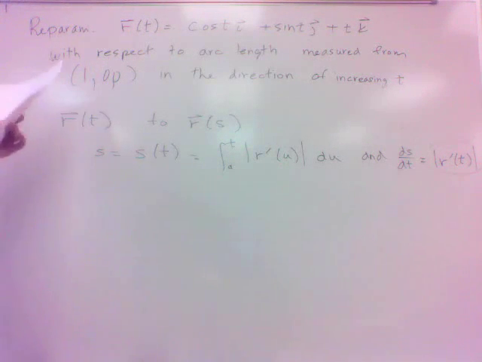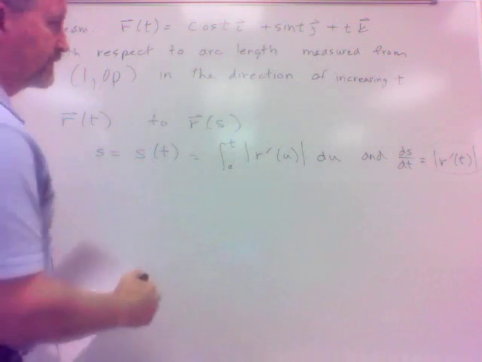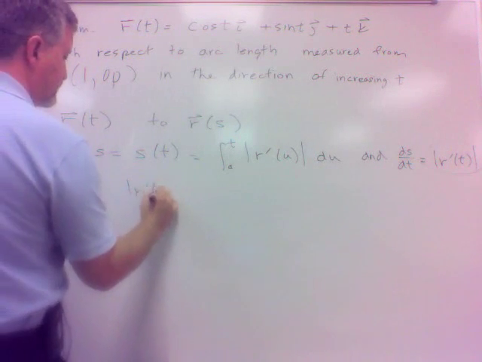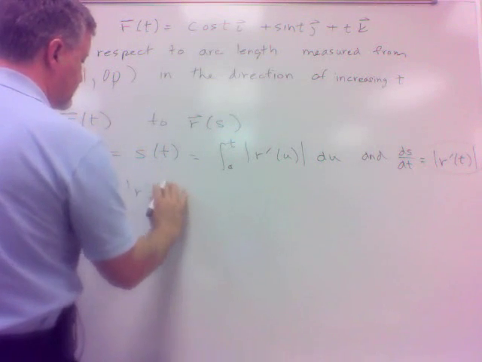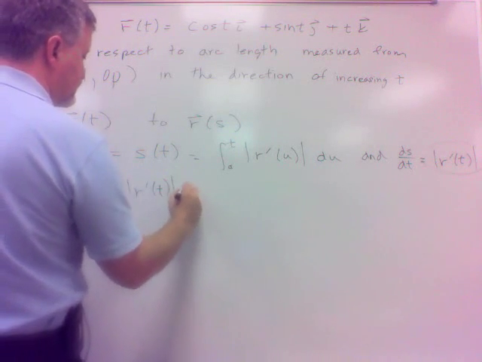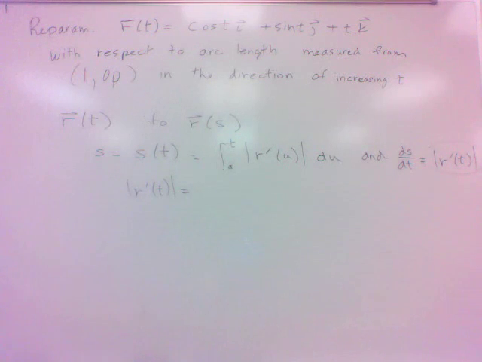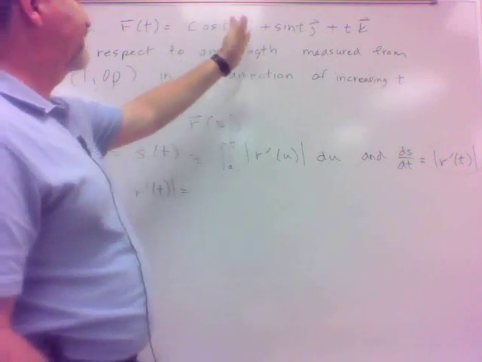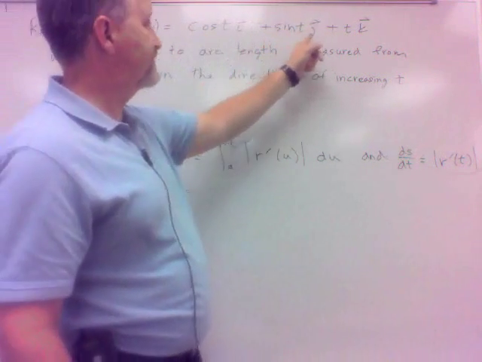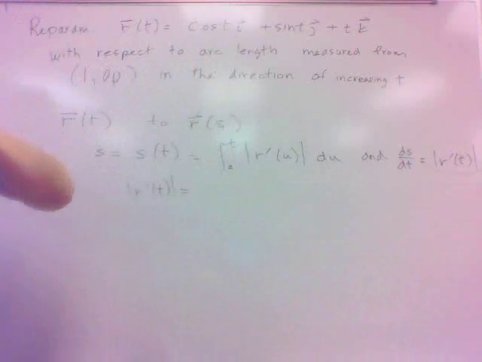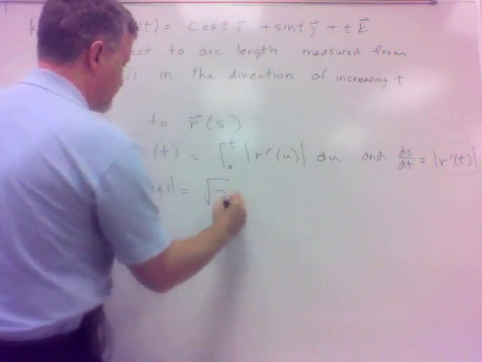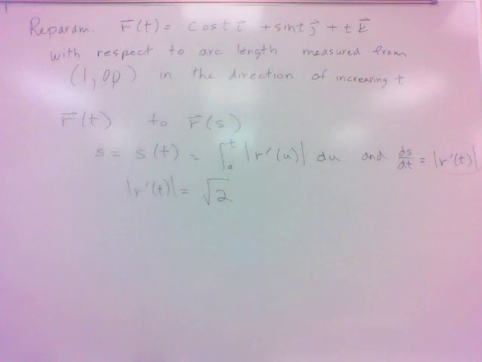We found that a moment ago: the magnitude of r prime of t, we went through it, it's the derivative squared plus derivative squared plus derivative squared, square root. It was square root of 2, wasn't it? From previous work, we already knew that was the square root of 2.